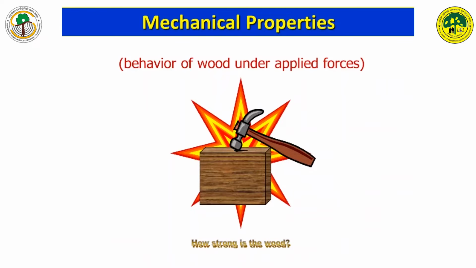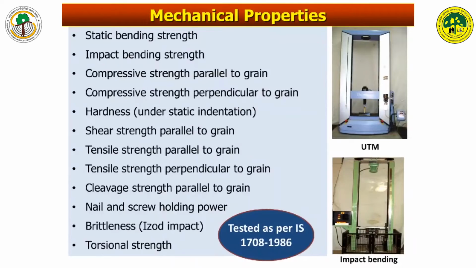When we apply force on the wood, how is the wood going to behave, how strong is the wood, those kinds of properties are studied under mechanical properties. So these are the mechanical properties listed here, and we are testing them as per the Indian standard, what is called IS 1708 1986.